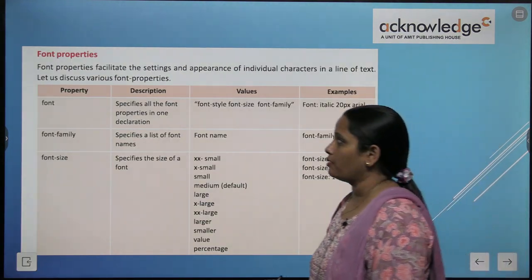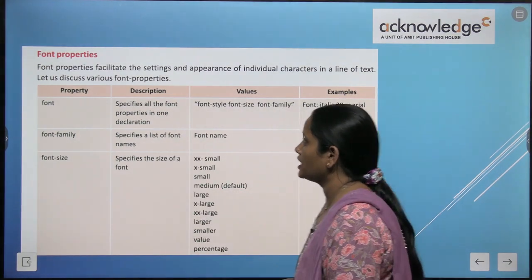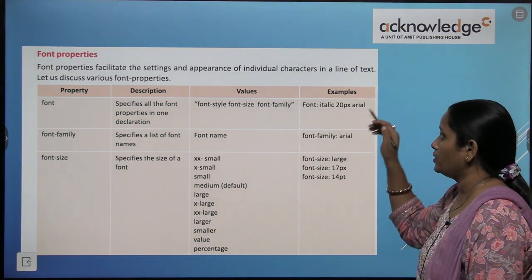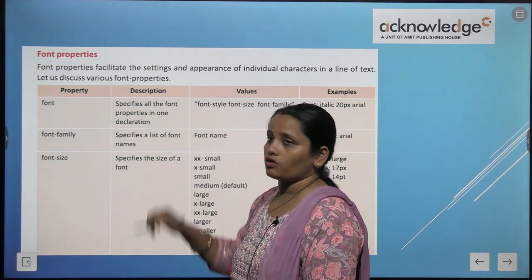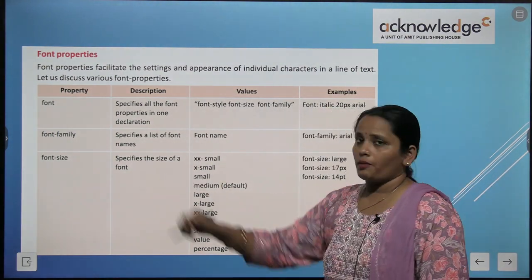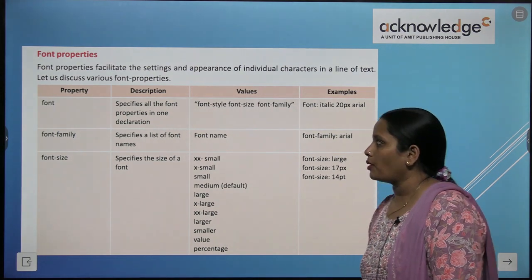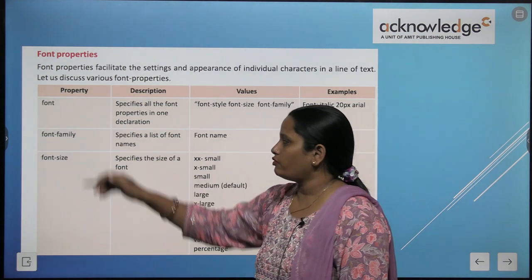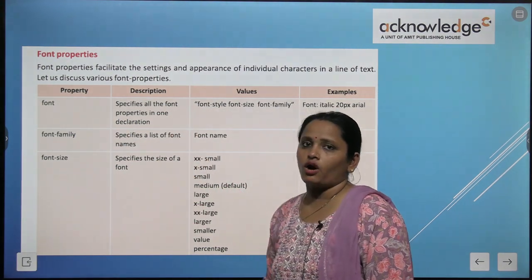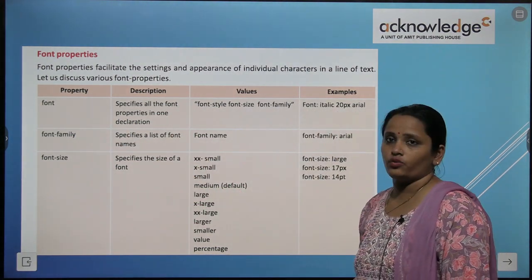Next is font properties. Font properties facilitate the setting and appearance of individual characters in the line of text. Let us discuss various font properties. So here the properties are given, the description of the properties, values and examples. First comes the font. It specifies all the font properties in one declaration.